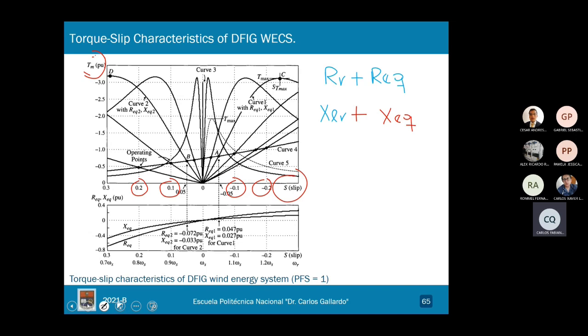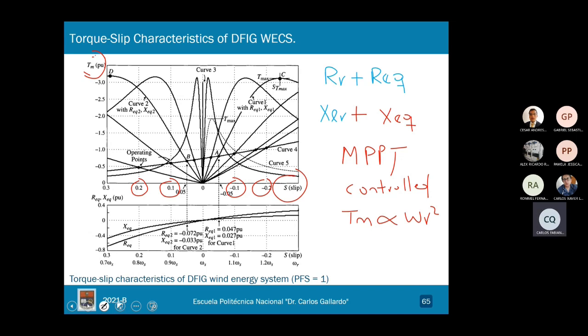So in a maximum power point tracking control, the mechanical torque is proportional to the rotor speed square.